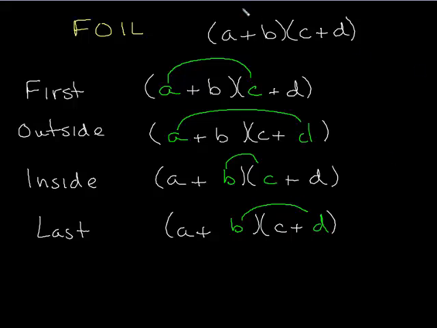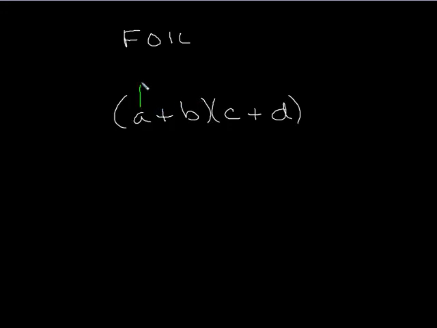Now when we put this together and we actually do it all at once, so I have a plus b times c plus d. And if I do this, I say first, outside, inside, and last.